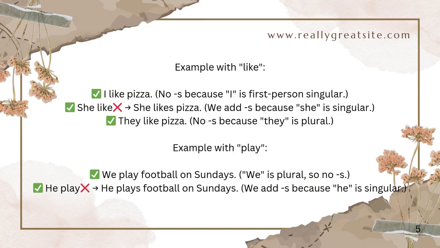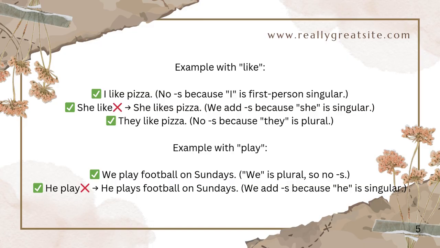The next example with play. We play football on Sundays. We is plural, so no S. We don't need to add S to the verb. Why? He play or he plays football.